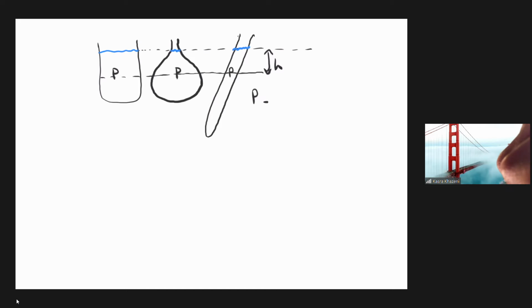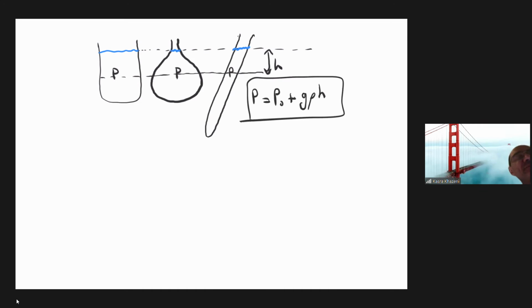P is only P naught plus this. That's it. It does not depend on the shape or anything else of the liquid. As long as the height is the same, that's your pressure.